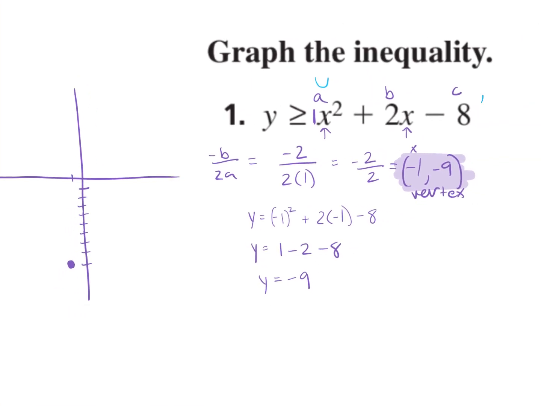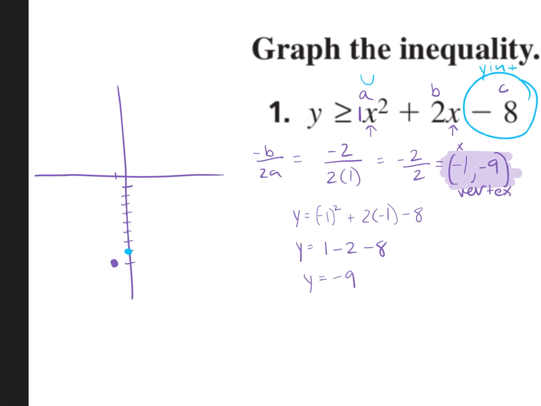So since it's in standard form, I can use the c, because this is the y-intercept. This is where I cross the y-axis. So I'm going to cross at negative 8. So it's right there. So since I'm one space away from my vertex on the right side, I need that same point one space away on the left side too. So that would be my graph.